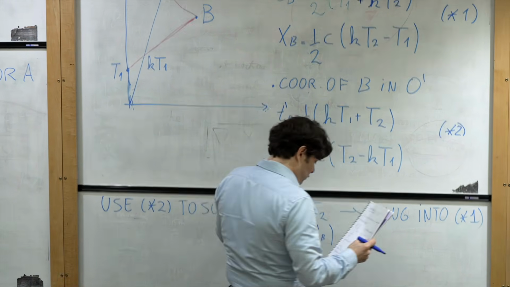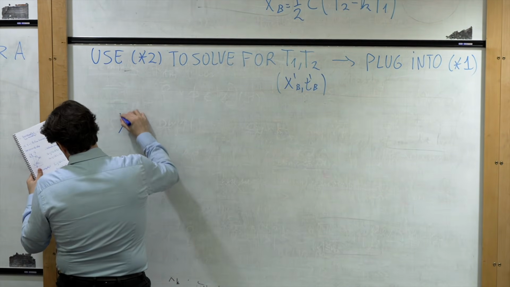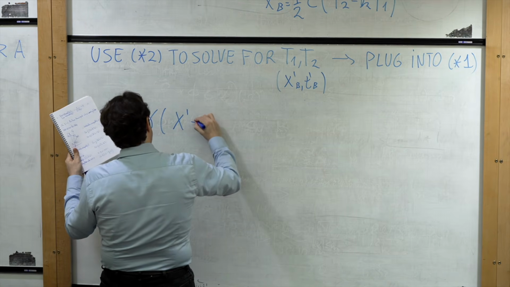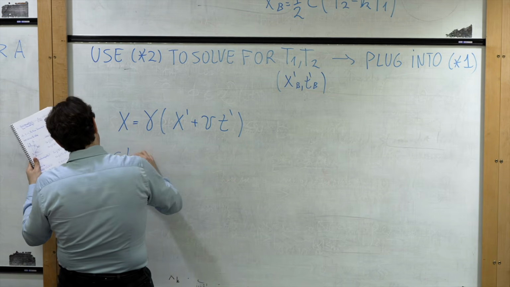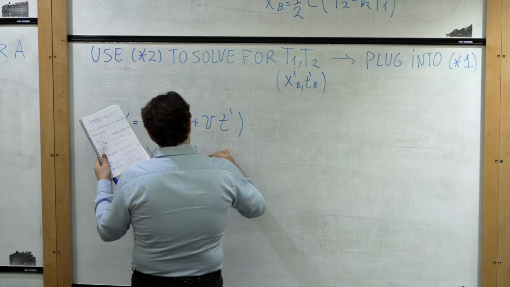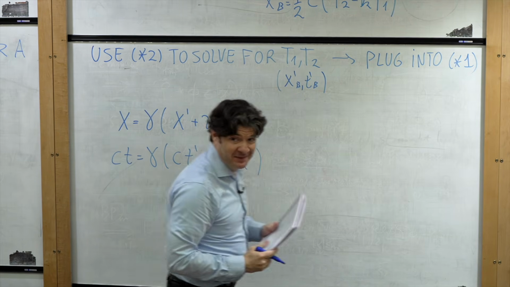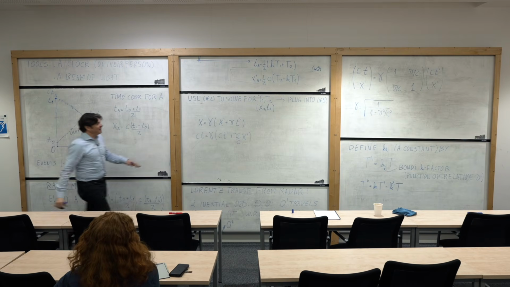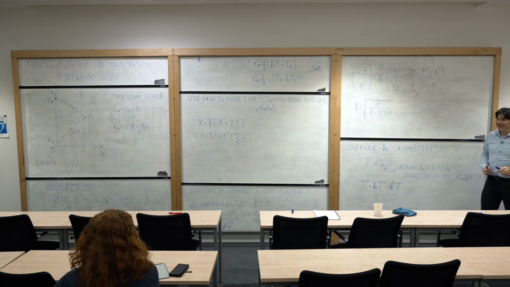And then, if you do this, we find that x is equal to gamma times x prime plus v t prime, and c t is gamma times c t prime plus v over c times x prime. And this is nothing but the Lorentz equations. Okay?